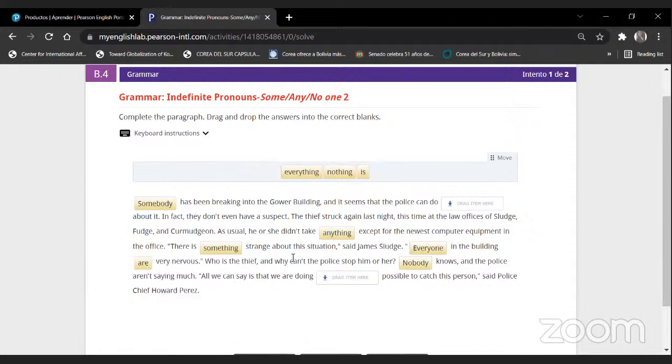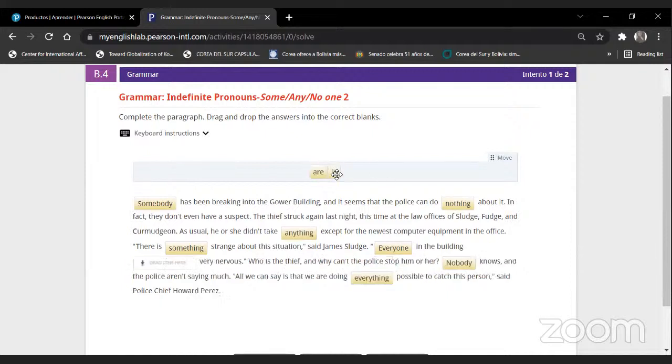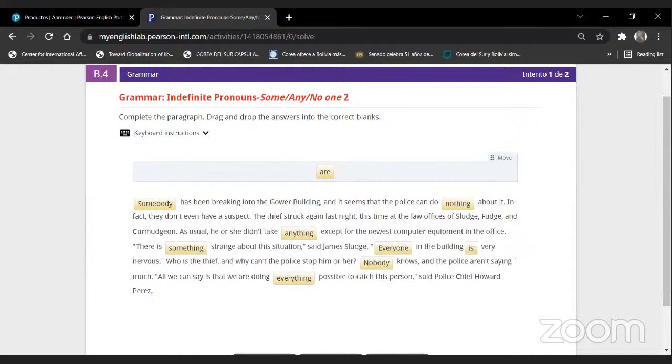All we can say is that we are doing everything possible to solve this. Everyone in the building is very nervous.